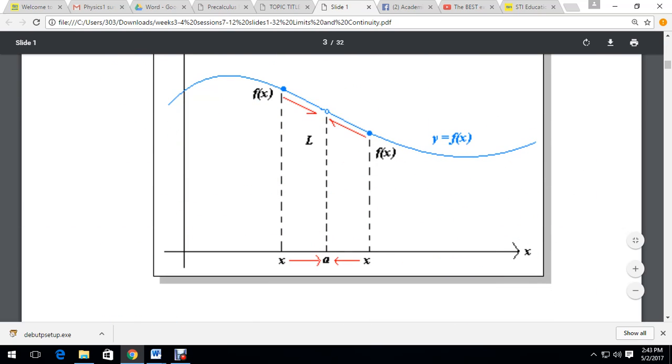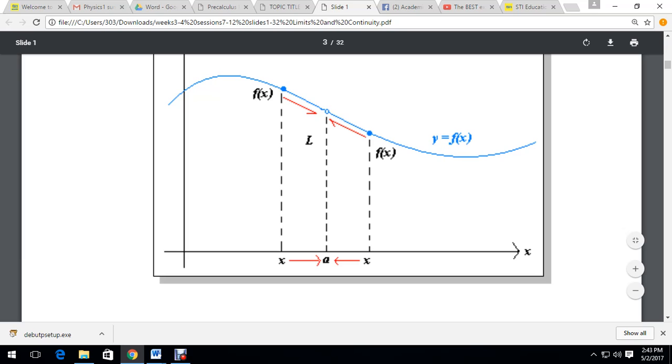Okay, so if a is a real number, then the approach to a could be done one coming from above a and one coming from below a. What happens in this approach is that we define it over some open interval.